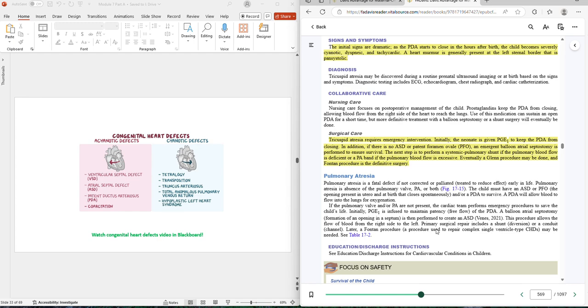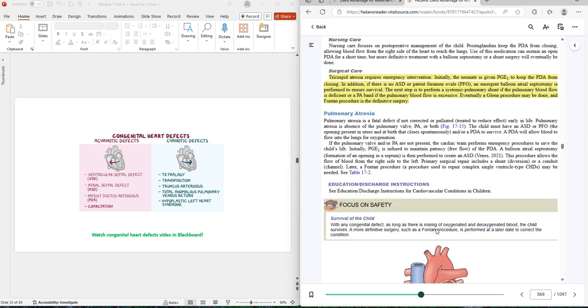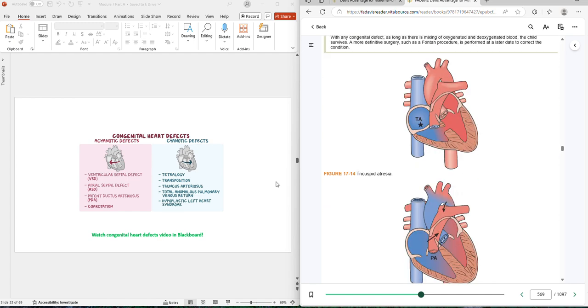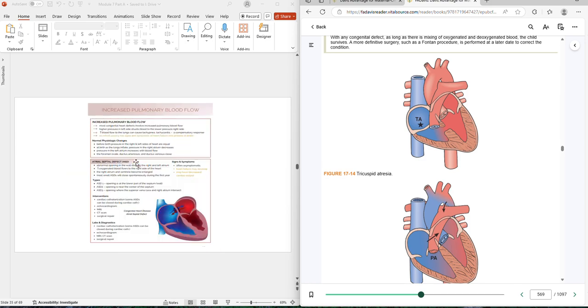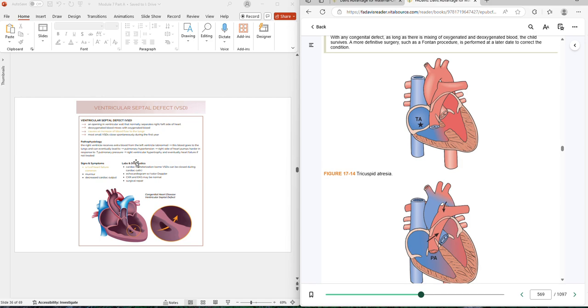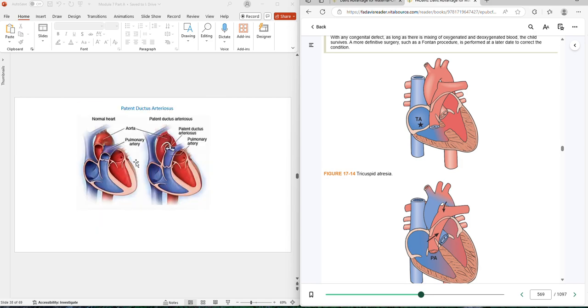Pulmonary atresia. It's a fatal defect if not corrected as well, and they can give that PGE1 there as well. So this is our acyanotics. Pulmonary, the PDA.